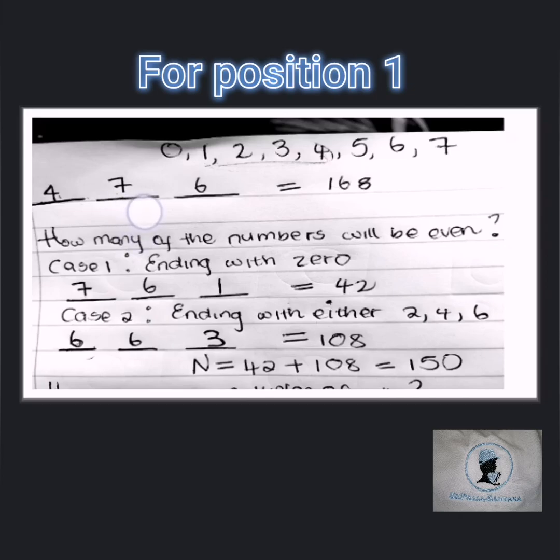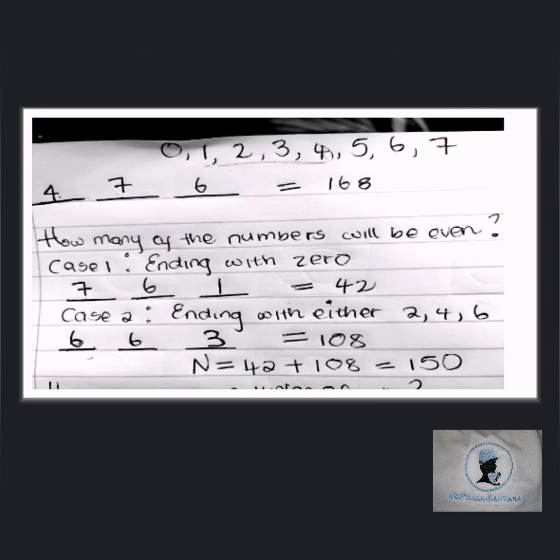Here now we have to choose again. Remember, they said no repetition, right? So now here we have 1, 2, 3, 4, 5, 6, 7, 8 digits, but one of them we chose here, so for the second digit we are going to have 7 digits to choose from to make a number, right?